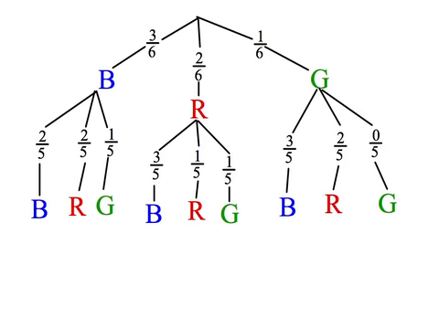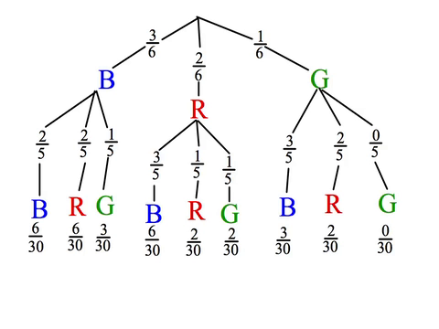So there's really 8 outcomes, and we multiply the probabilities, and we don't put them in lowest terms yet. You can see it's 6 out of 30 to get blue, followed by blue, 6 out of 30 to get blue, followed by red, 3 out of 30 to get blue, followed by green, and so on. And notice in our very last one, the outcome that doesn't really exist, 0 out of 30 to get a green, followed by another green.